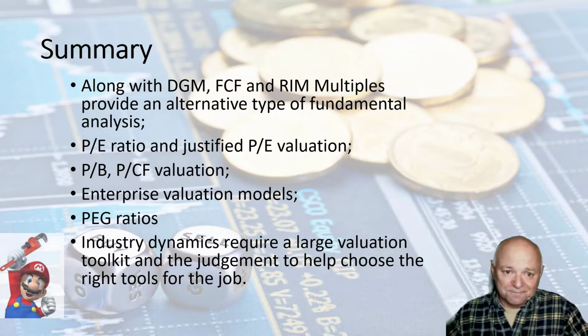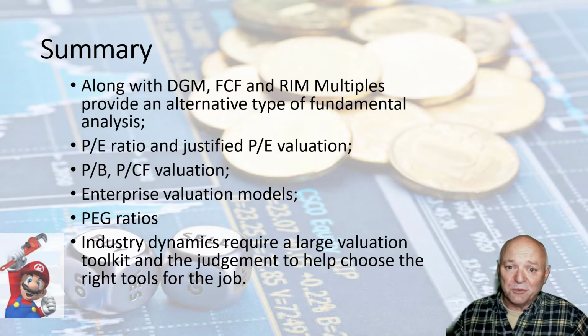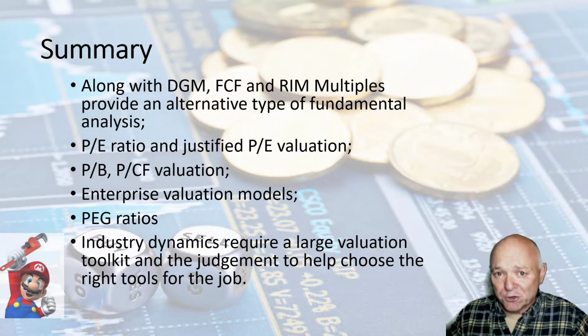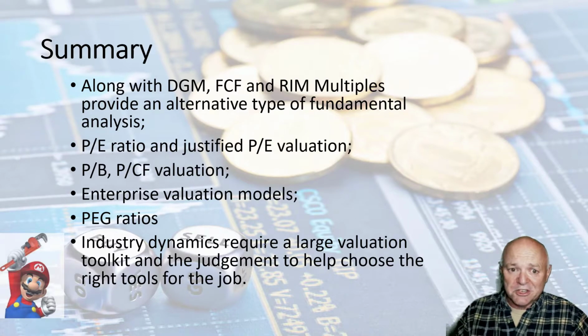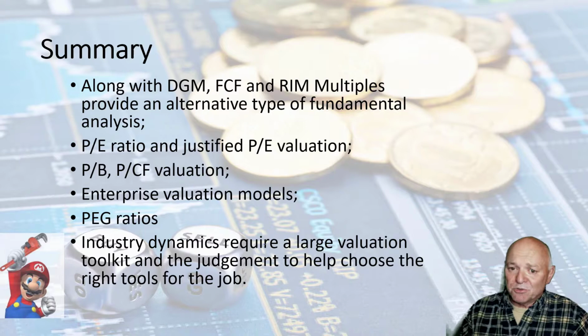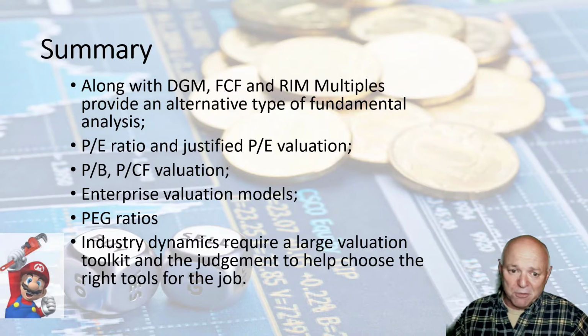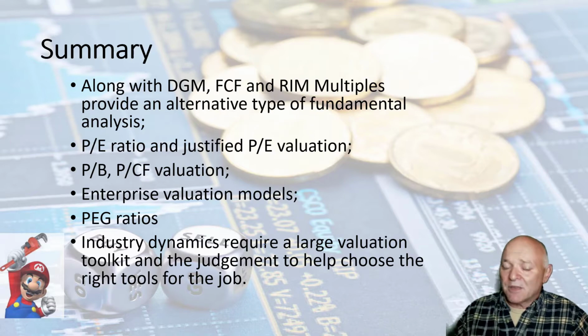So in summary, in this session we've said that along with other alternative and complementary methods of valuation like dividend growth models, free cash flow models, and residual income models, multiples can provide us with an alternative type of fundamental analysis. Things like price-earnings ratios and the justified price-earnings valuation that we saw earlier are important tools, but also other alternatives like the price-to-book value, price-to-cash flow are commonly used.